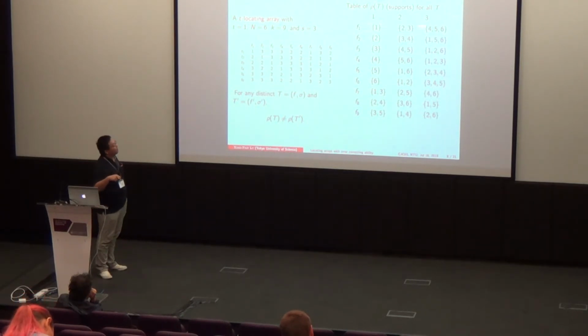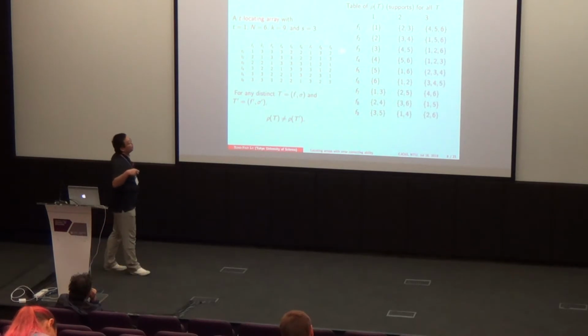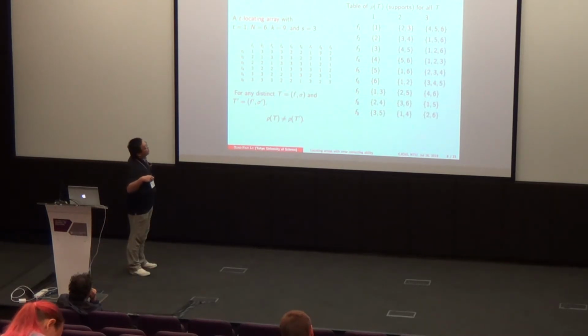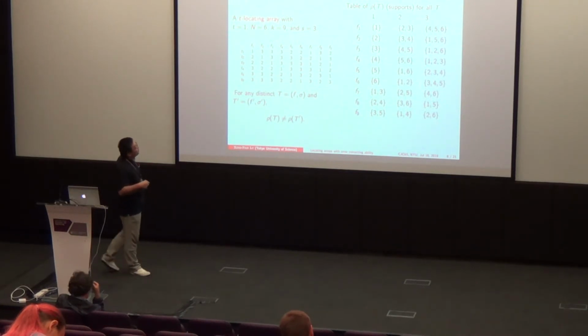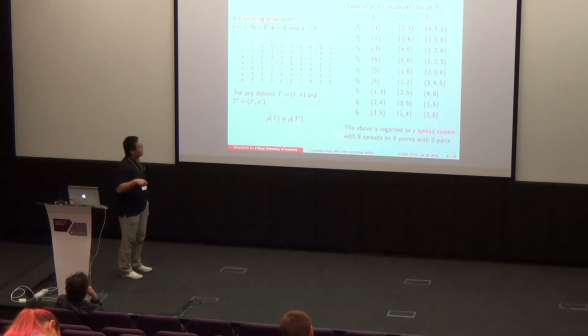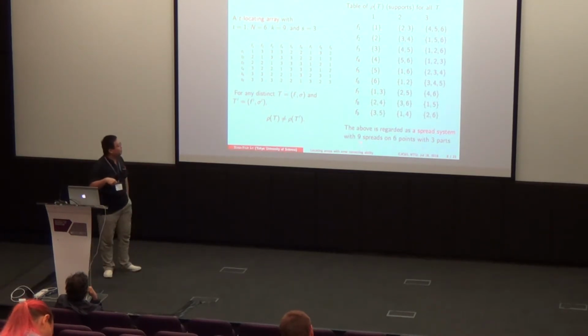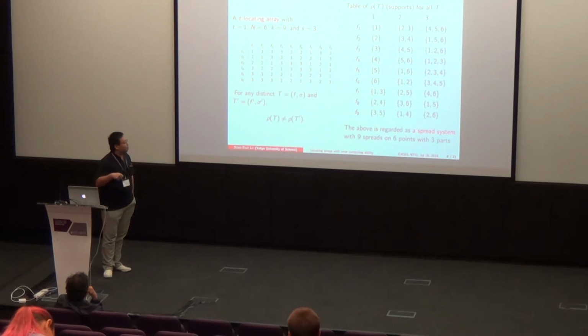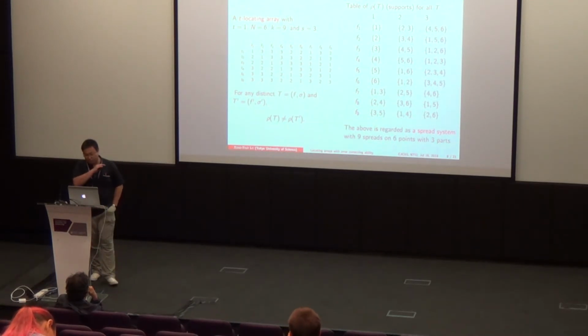And each row just forms a partition of the set from 1 to 6. So the key property is every subset in this table should be distinct. And because here are some partitions, this is also regarded as a spread system. Here are 9 spreads on 6 points, with each spread having 3 parts.